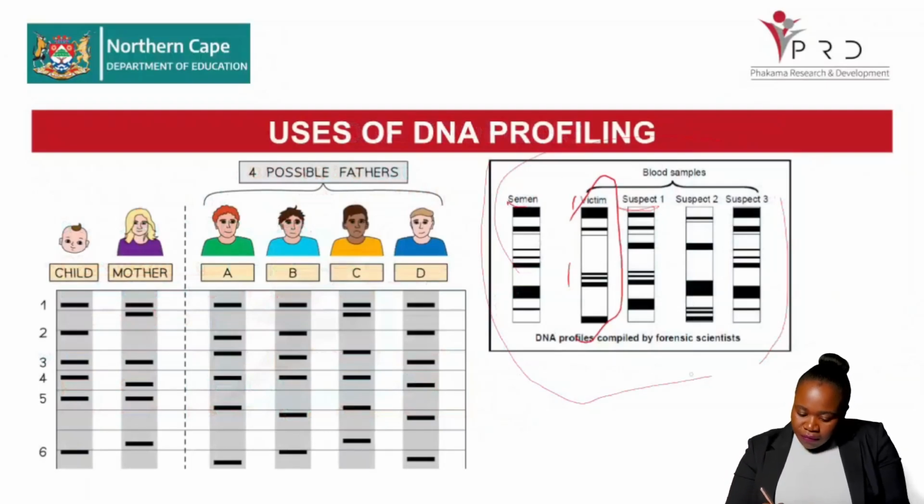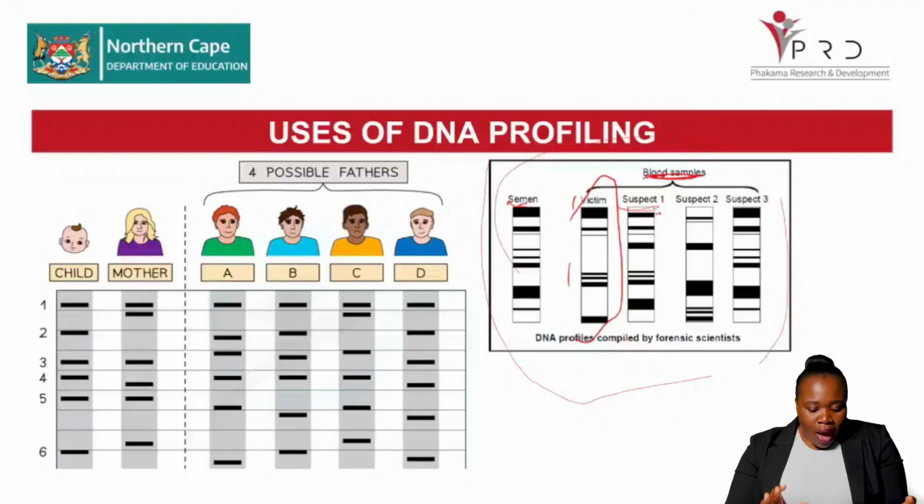And then for the suspect and the victim, the DNA that is used here might be a blood sample. As you can see, it's not semen, but it is a blood sample. It can be saliva, it can be hair, it can be any cells from your body, and it will still show the same results, or it will still show that the DNA belongs to that person.